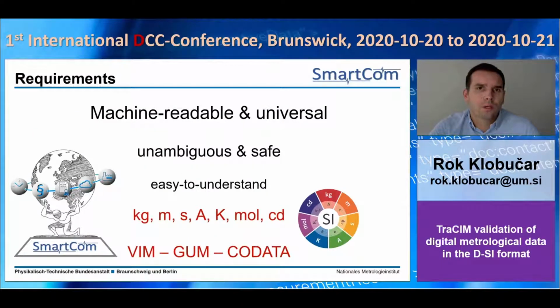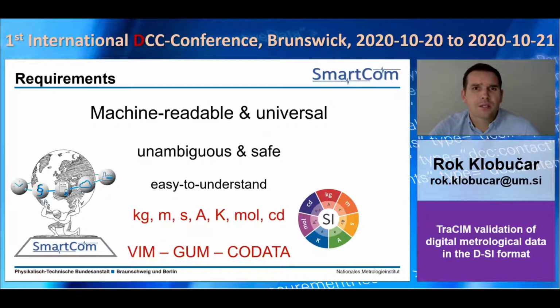Now, what are the requirements for the SmartCom project? The system should be machine readable and universal, so machines could communicate with each other. The system should be unambiguous and safe, and of course, easy to understand.